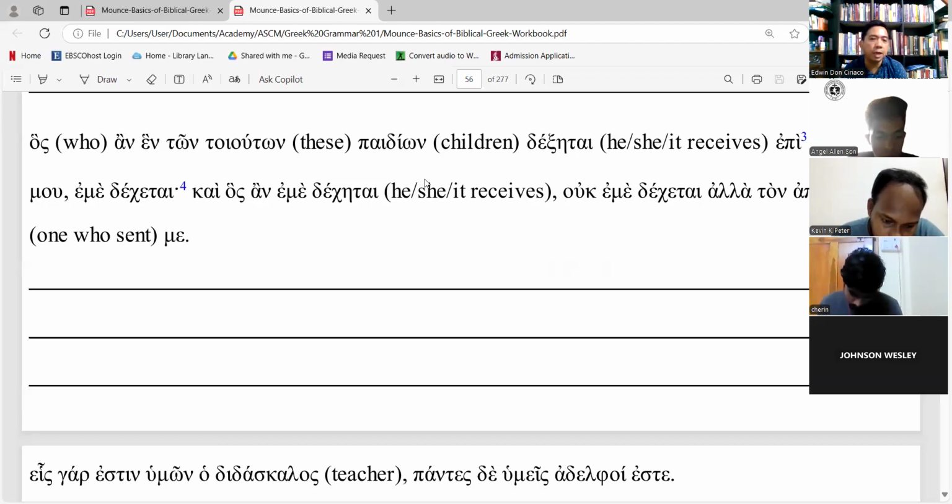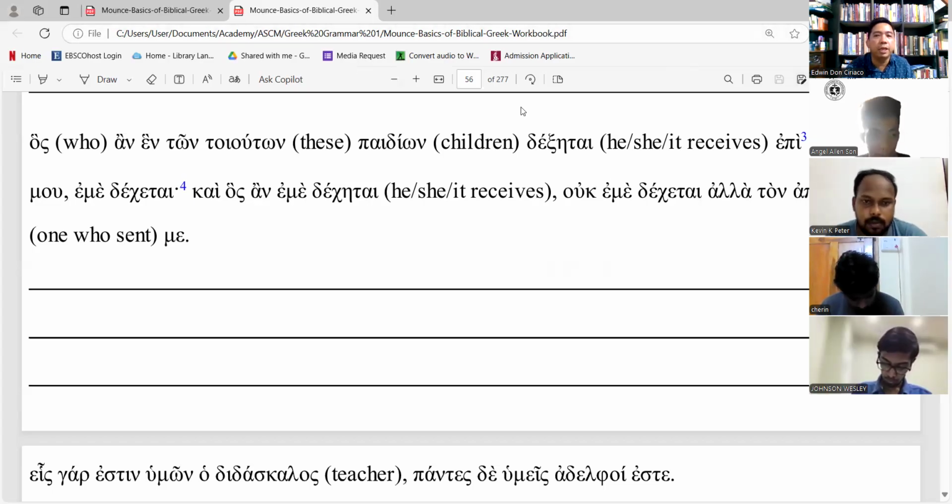So hos an has no translation, but you know that when hos is connected with an, it becomes whoever. Okay? Hos an is whoever. So what is the Greek? Sorry, what is the verb? It is deketai.